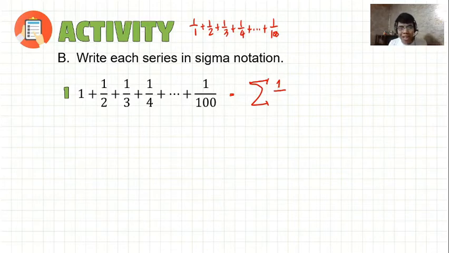So if that's the case, from our definition, the variable is the one we substitute from the lower limit and ending at the upper limit.